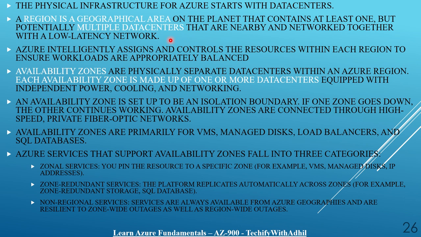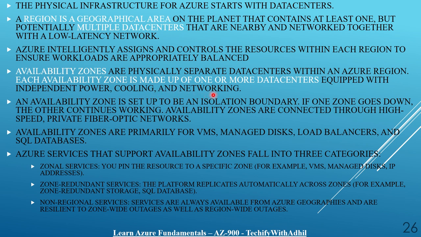Azure intelligently assigns and controls the resources within each region to ensure workloads are appropriately balanced. Availability zones are physically separate data centers within an Azure region. Each availability zone is made up of one or more data centers equipped with independent power, cooling and networking.